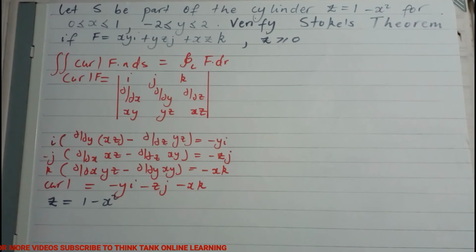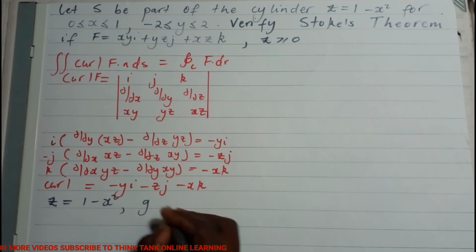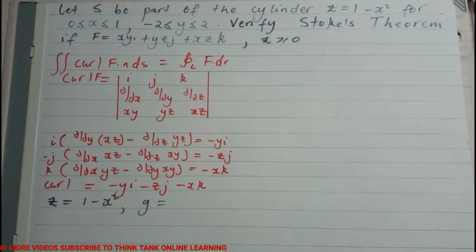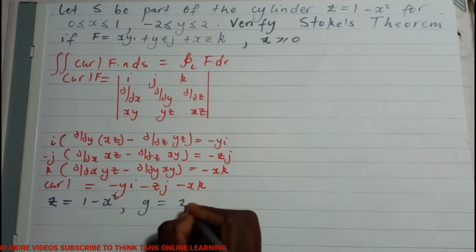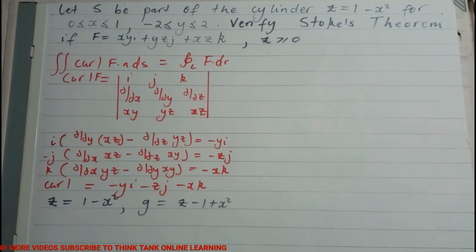I want to create a new function, g, that includes x, y and z. If I rearrange this, g is going to be z minus 1 plus x squared. We don't have any y component, but we're in space, so the y component is 0.